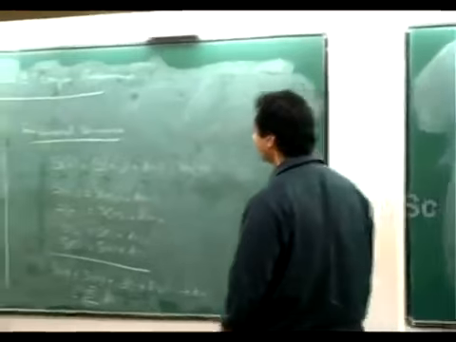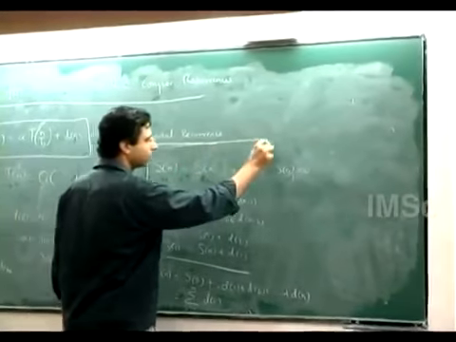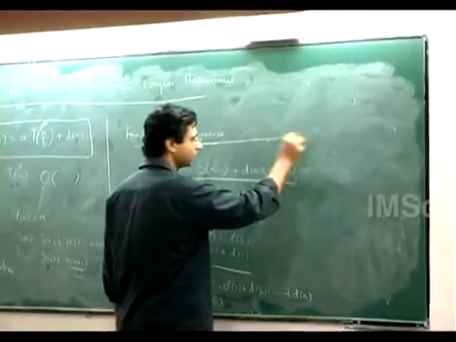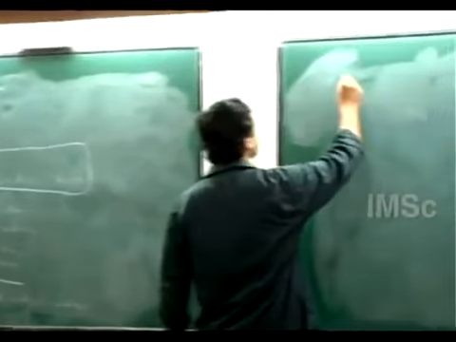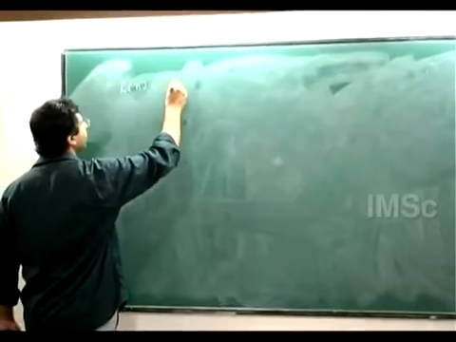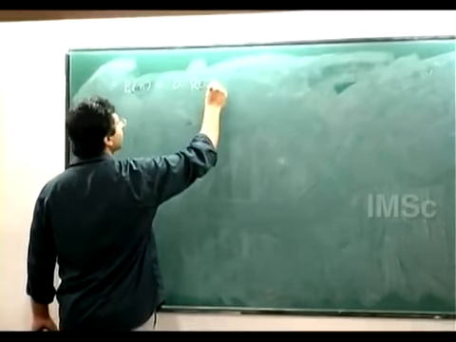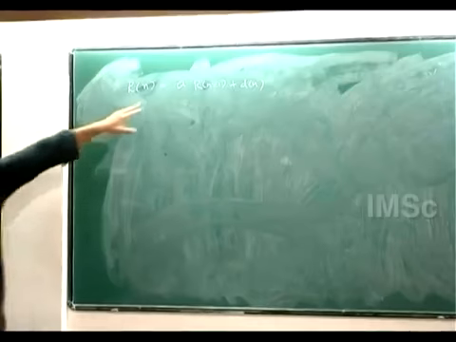So let's start with a slightly more involved recurrence, let's say of the form T(n) equals a times T(n minus 1) plus D(n). It's more involved than the fundamental recurrence, because I have introduced this constant a.